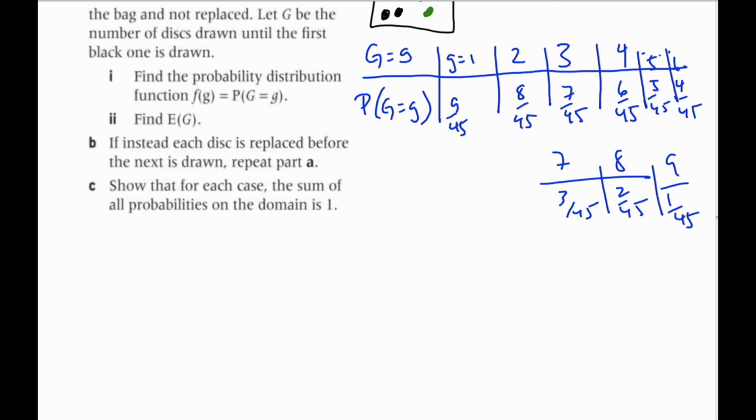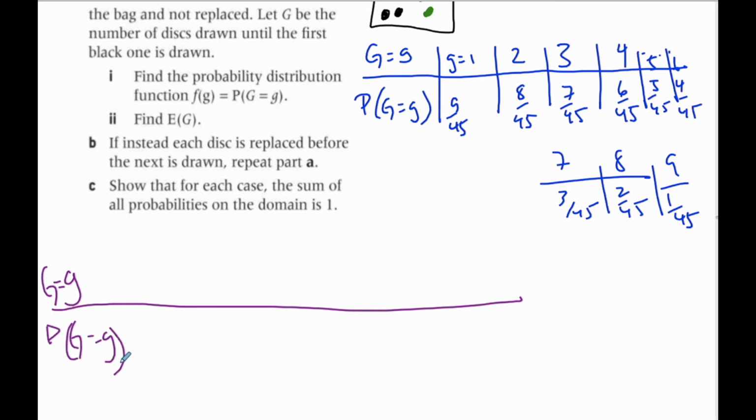So let me change colors here. So now, what's my probability of G being G? So I could again do it on the first grab, and so that probability is still going to be 9 out of 45.